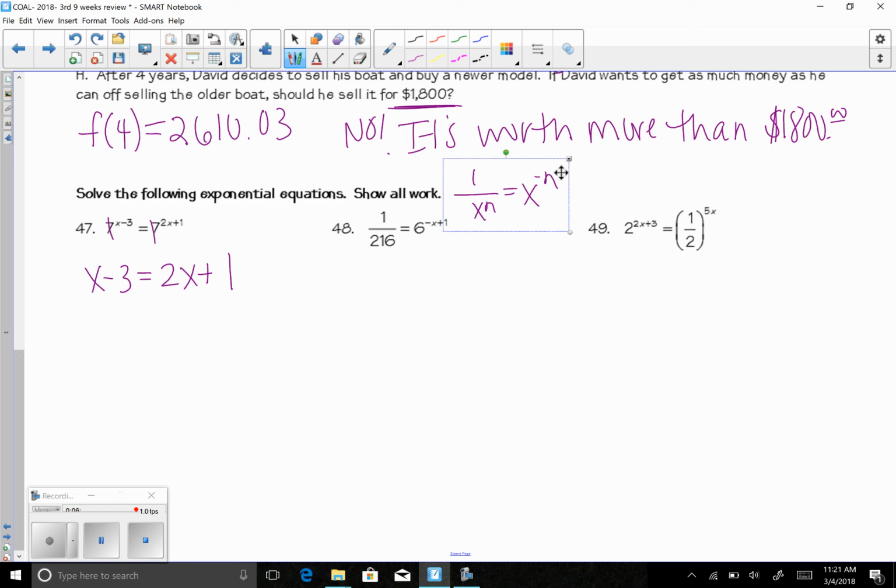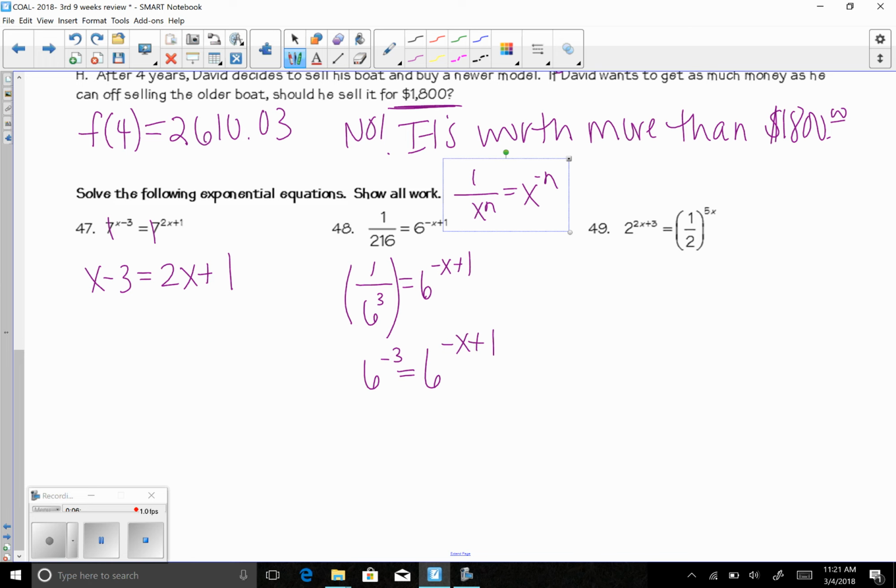So 1 over 216, can I rewrite 216 as 6 to some power? We want to rewrite in terms of the smaller base. Hopefully you're thinking 6 to the third. So 1 over 216 is the same thing as 1 over 6 to the third. The right side doesn't need to change. I rewrite 1 over 6 to the third, based on this rule up here, as 6 to the negative 3 power equals 6 to the negative x plus 1.